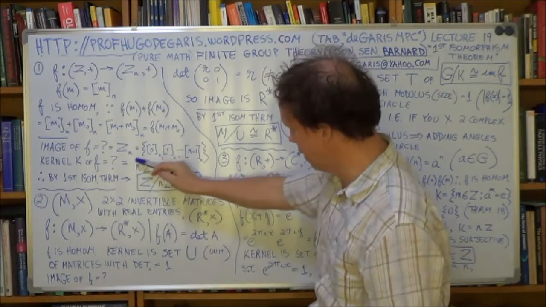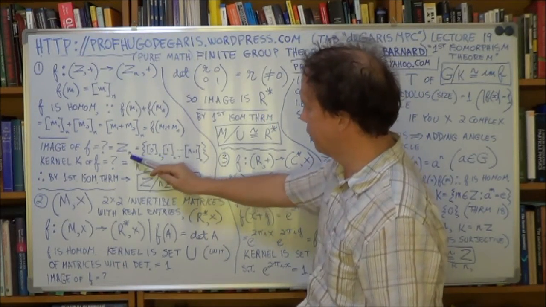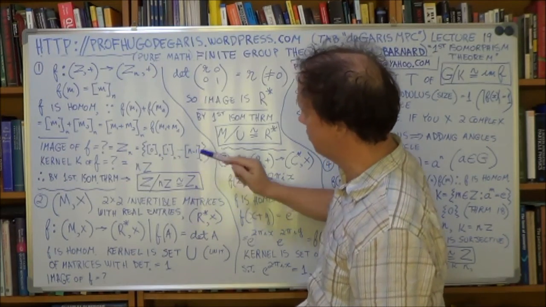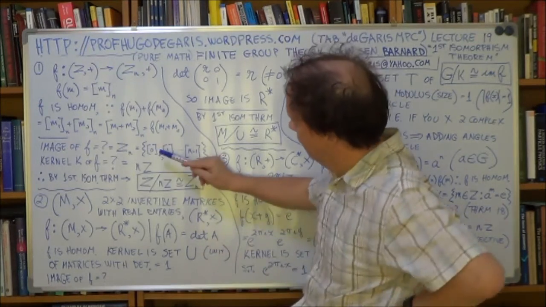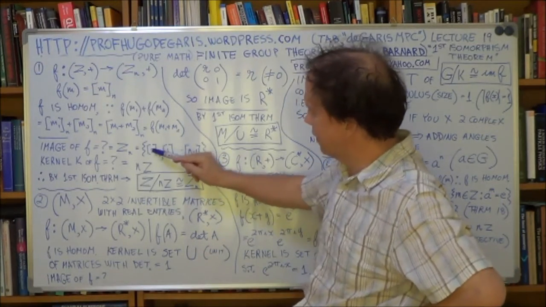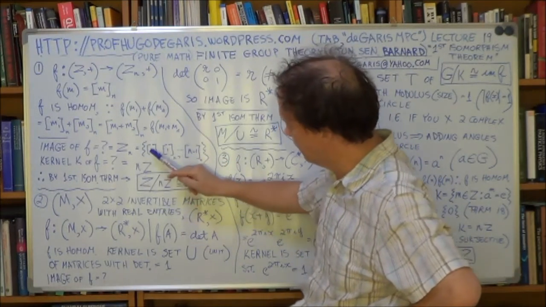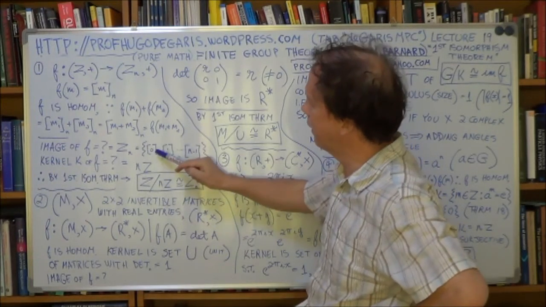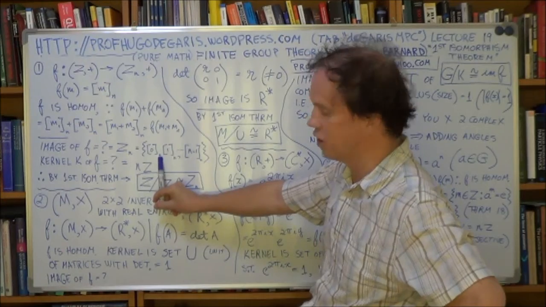It's written out here. It'll be of order n, so you have n different residue classes. Each of these residue classes is an infinite set.